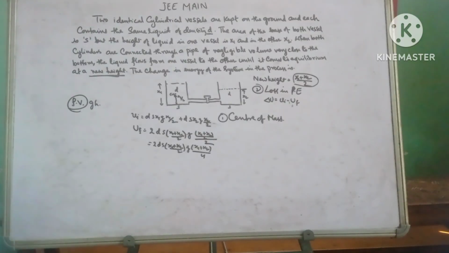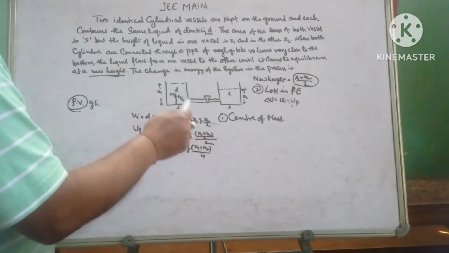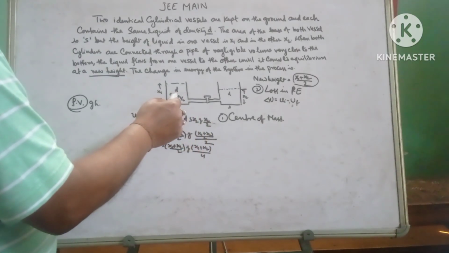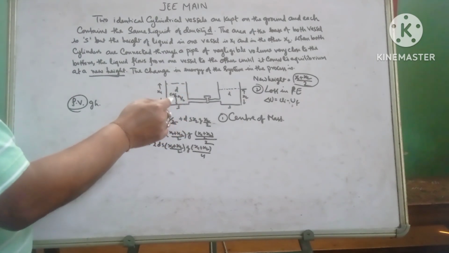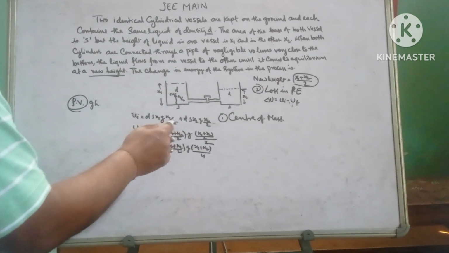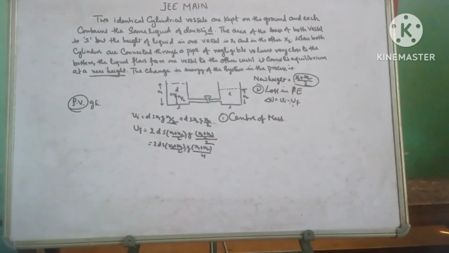The third important concept is that when you consider the potential energy, for h you have to consider the center of mass of the liquid, and the distance of the center of mass will be considered as h. Because there is a decrease in height, there is a loss in potential energy. This is the basic concept used to solve this problem.